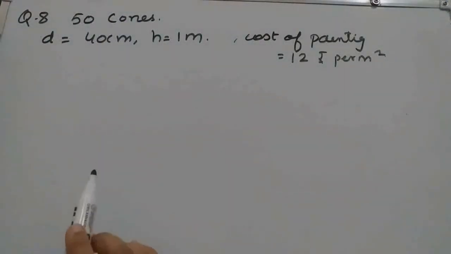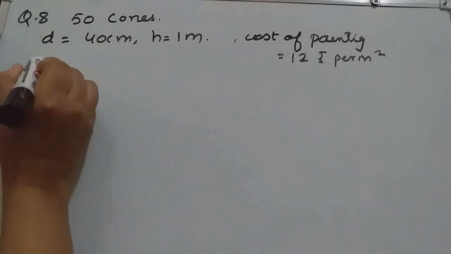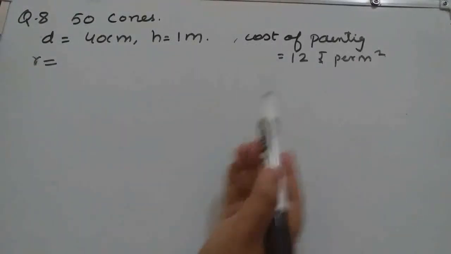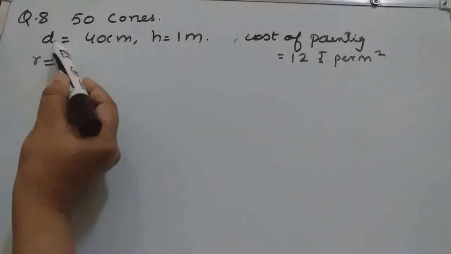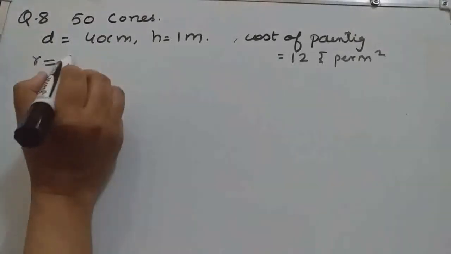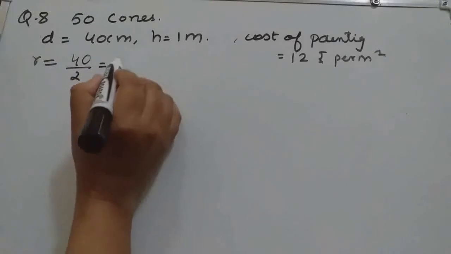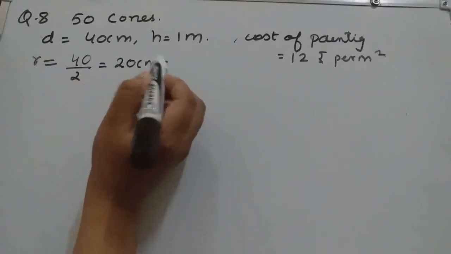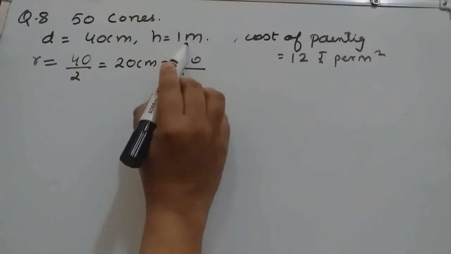Means 50 cones. So from D we will first find R, and since we should find CSA, for that we require L also. L is not given, so using these R and H we will find L first. So R will be 40 by 2, that is 20 centimeter. Now to convert this into meter, because height is in meter, we will divide by 100.